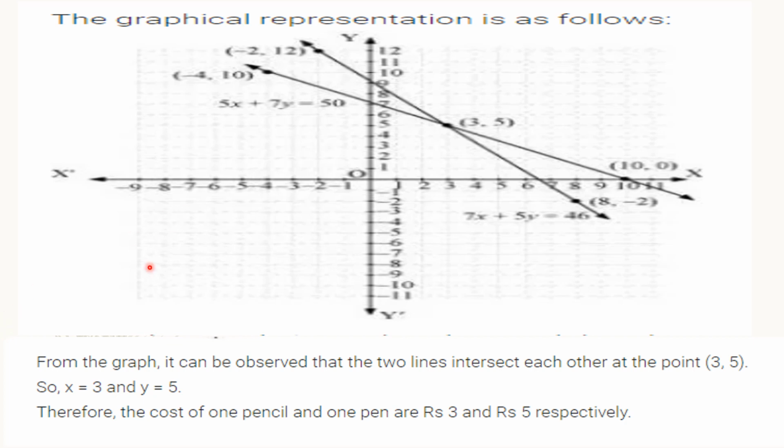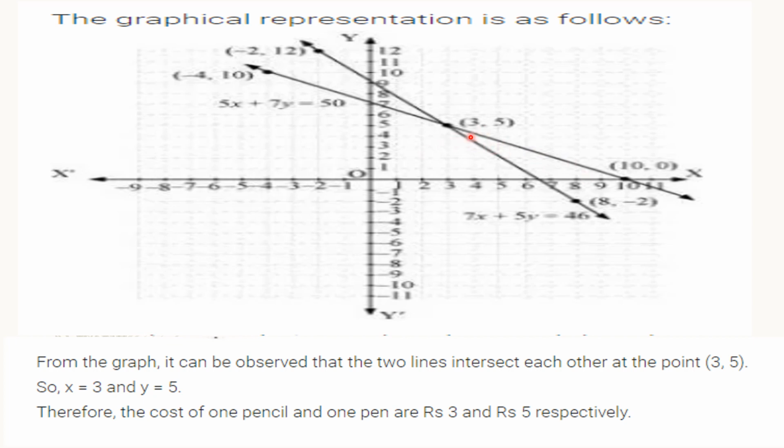Here we can see from the graph that the two lines intersect each other at the point (3, 5). When we plot the points graphically and join them, we get two straight lines. This is straight line first and this is straight line second, and both lines intersect at the point (3, 5).